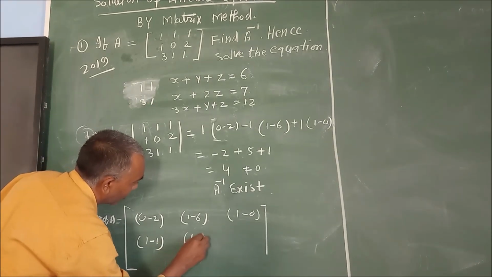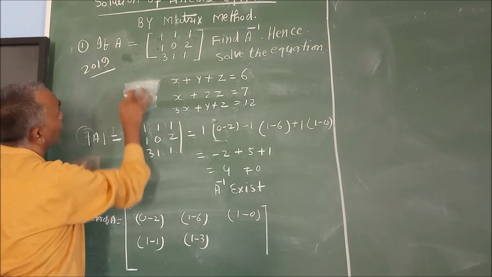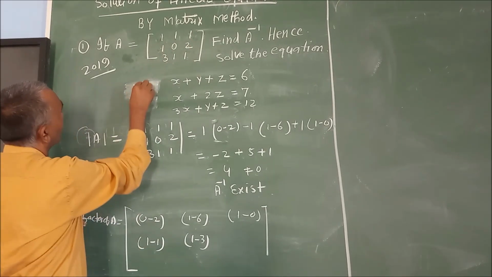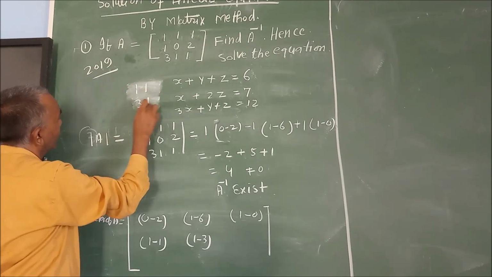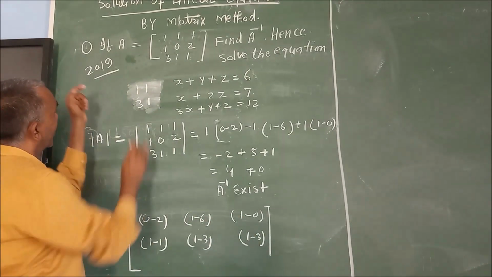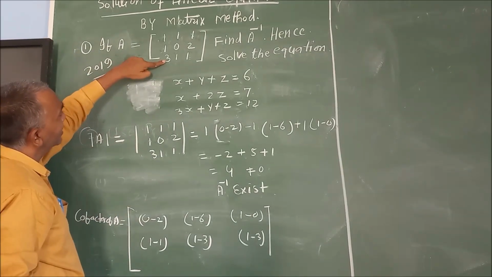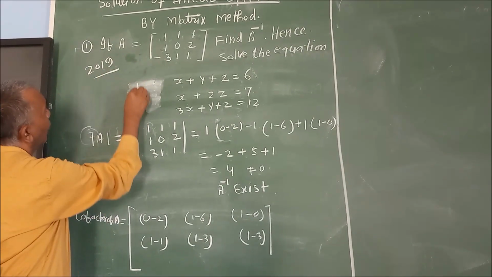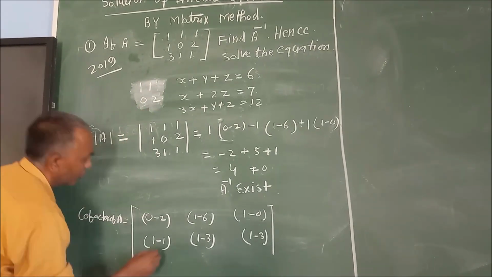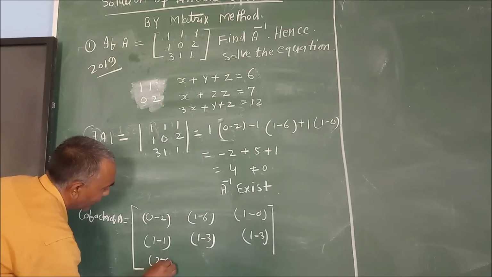After that, the cofactor of this 2. Cancel this and cancel this, we will get 1, 1, 3, 1. So this is 1 minus 3. After that, the cofactor of this number 3 will be 1, 1, 0, 2. So this is 2 minus 0.